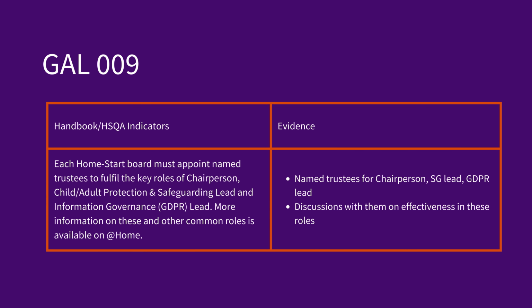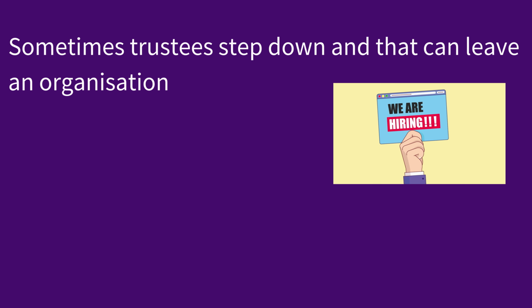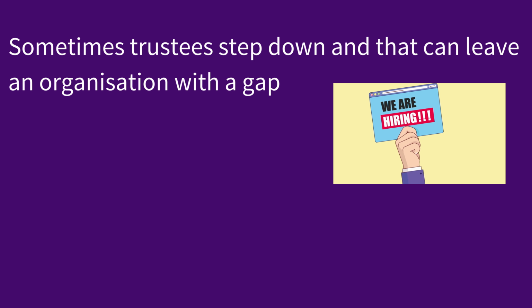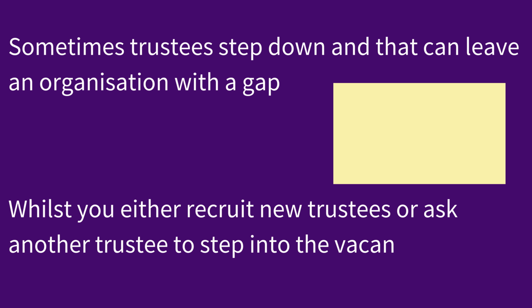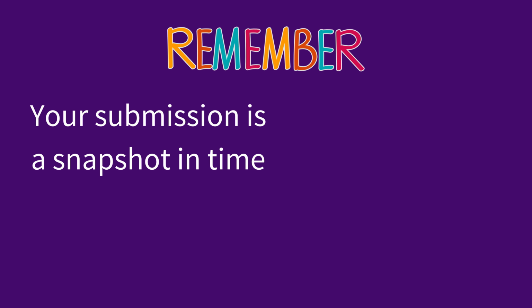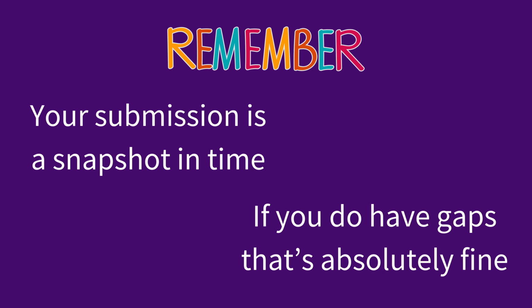So for instance, if we were to look at the indicator GAL009, which is about having trustees in the various different roles of chair, safeguarding lead, information governance lead, etc. We all know that sometimes trustees step down and leave, and that leaves organizations with a gap while they either recruit new trustees or ask another trustee to step into that role. Your submission is a snapshot in time. So if you do have gaps in those roles at the moment, that's absolutely fine.